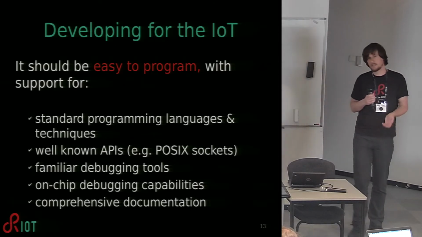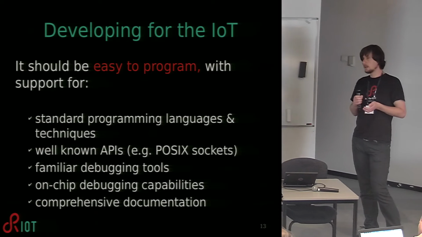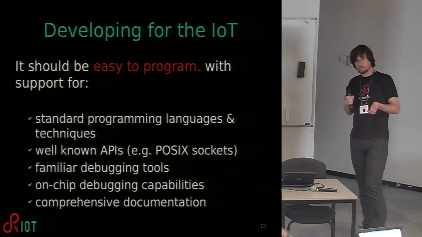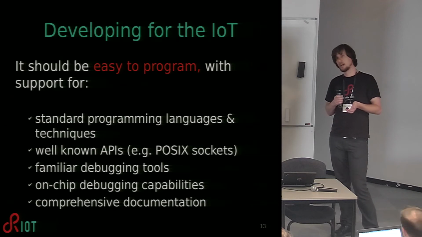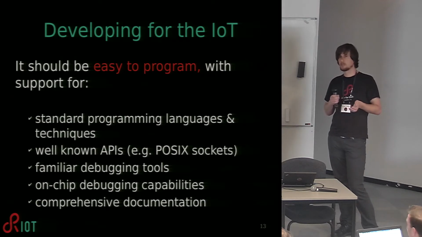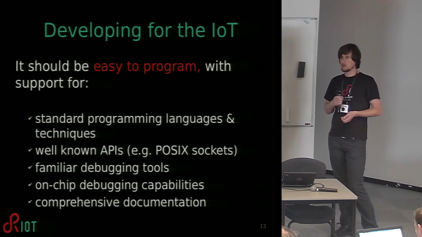And as I said, we want to make every developer out there able to develop an IoT application, even if they don't know much about all the IETF protocols, or anything about microcontroller programming.